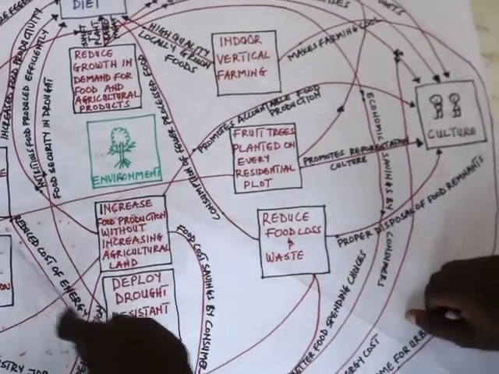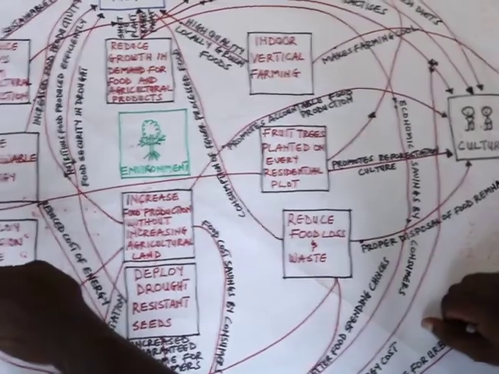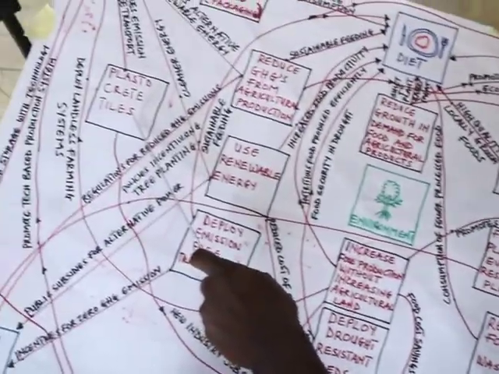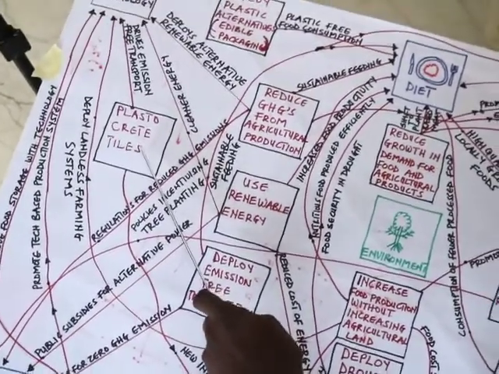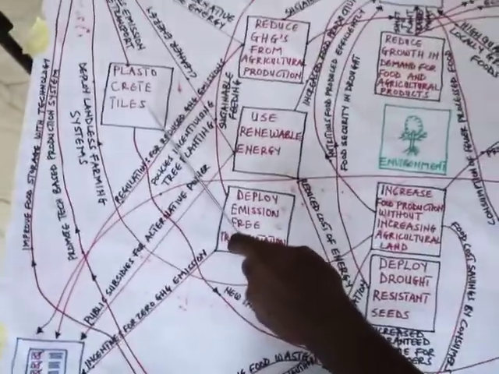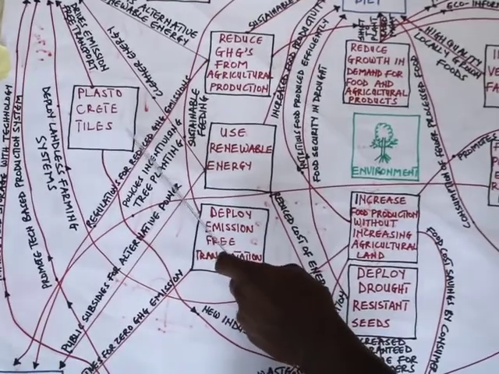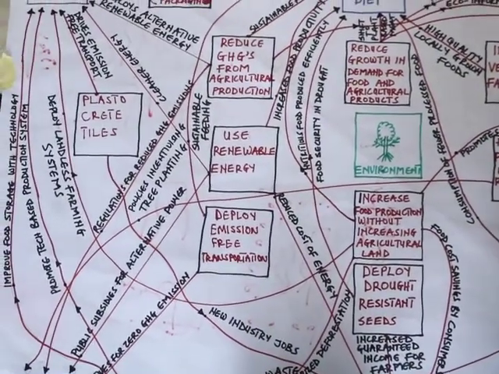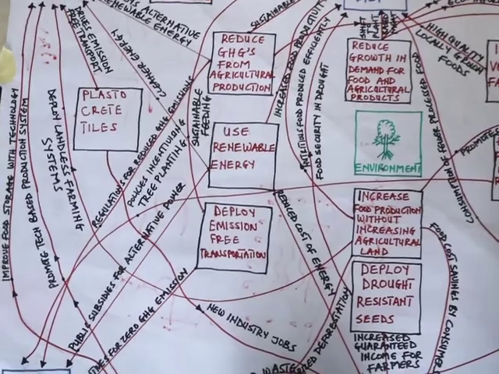And then finally, we would deploy plasticrete tiles, which is how we use plastic to make concrete that can be used for building our houses or for construction purposes.